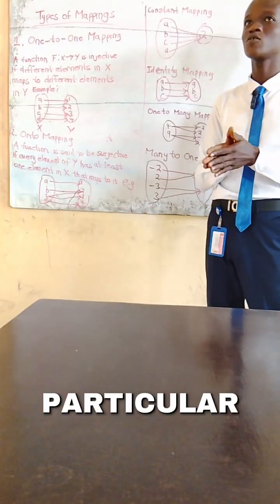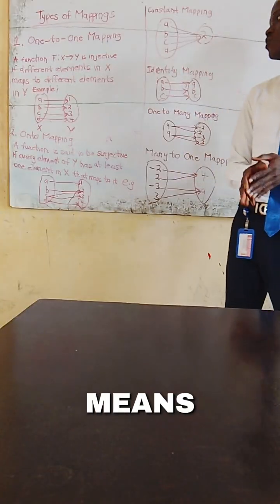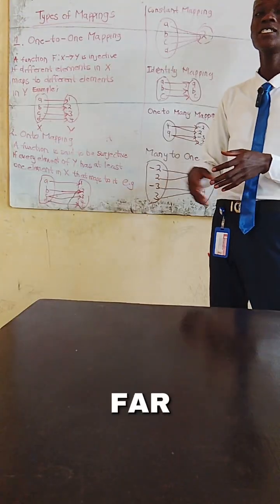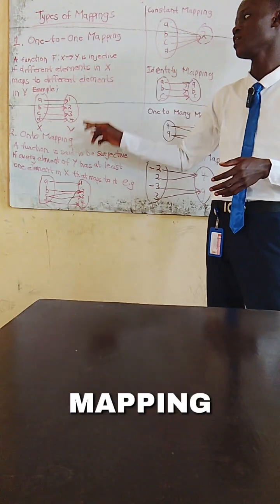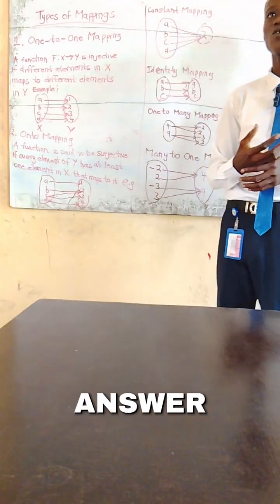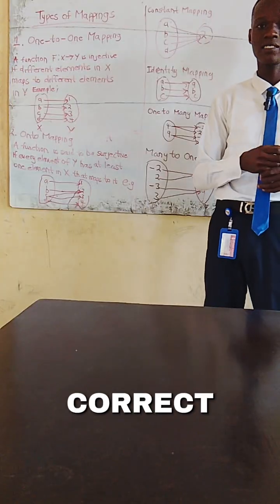If you see a question that asks about bijective, you already know, using the illustration of what I've taught you so far, that bijective is the combination of injective mapping and the onto mapping. Using that illustration, you can answer your question at a fast pace and get your correct answer.